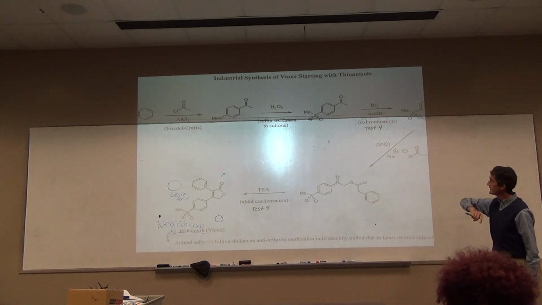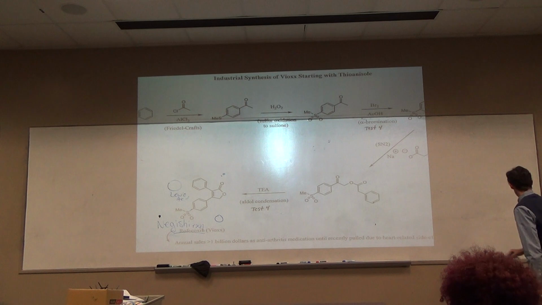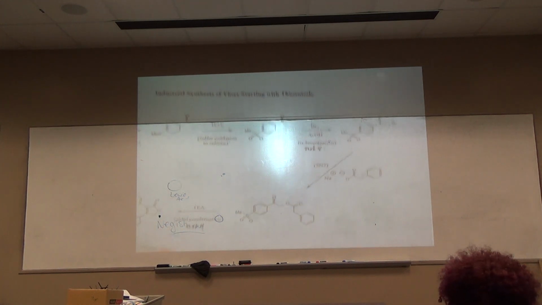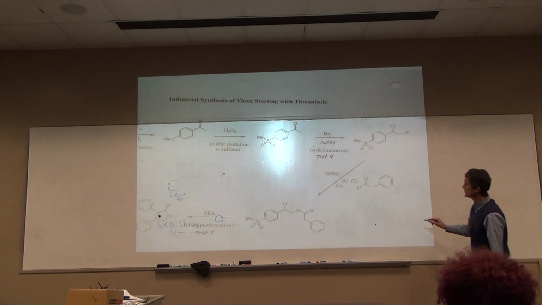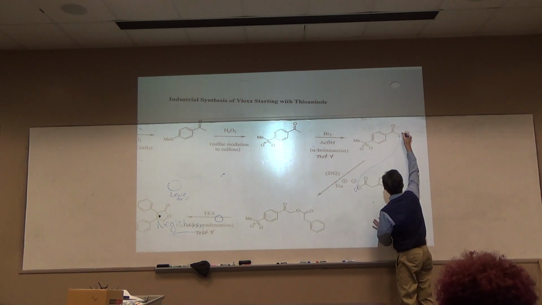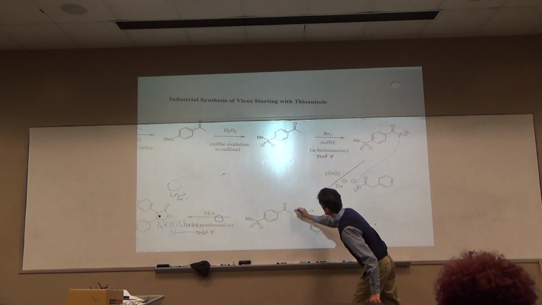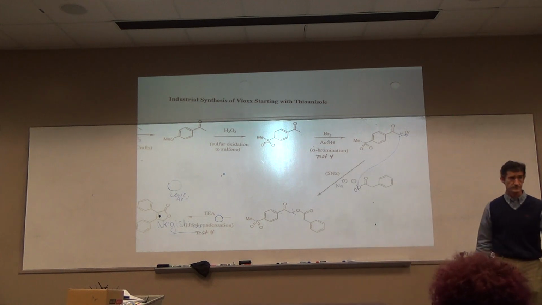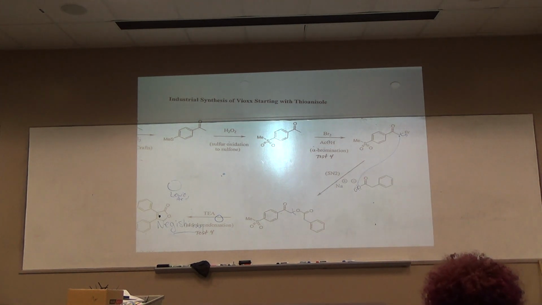I'll show you this handout again. What's coming next, though? SN2? Just a good old SN2. They come in here with this carboxylate anion, and it kicks off the bromine, and that's how they're making that bond right there. Good old classical SN2. But getting the bromine on is important.